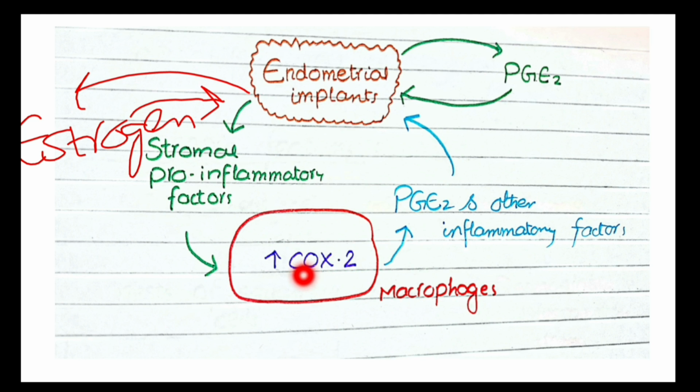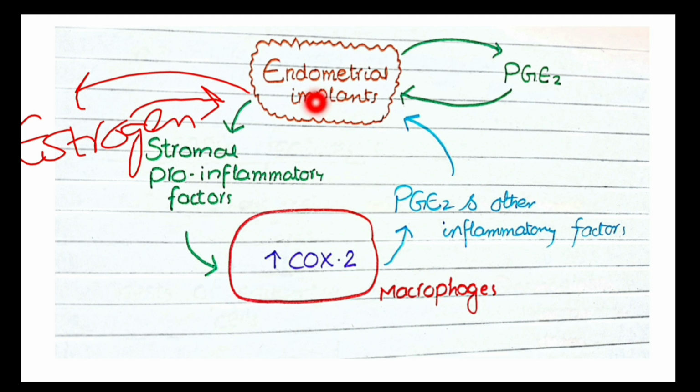When these macrophages are activated, they increase the expression of the COX-2 enzyme. This enzyme helps in the formation of inflammatory factors like prostaglandin E2. These inflammatory factors in turn act back on the endometrial implants and enhance their survival.